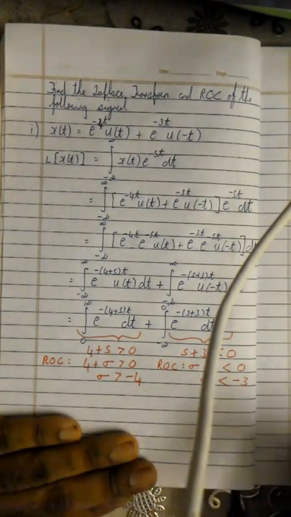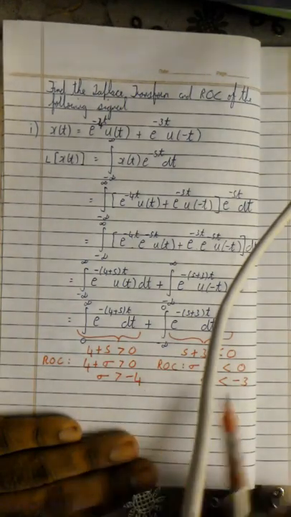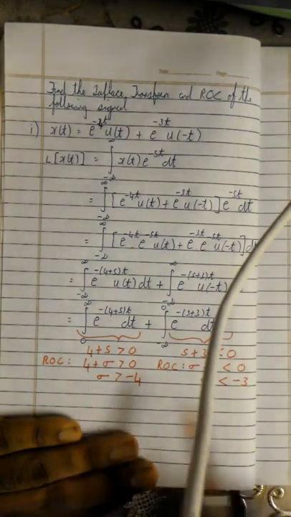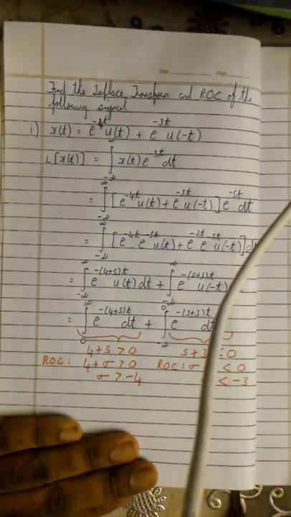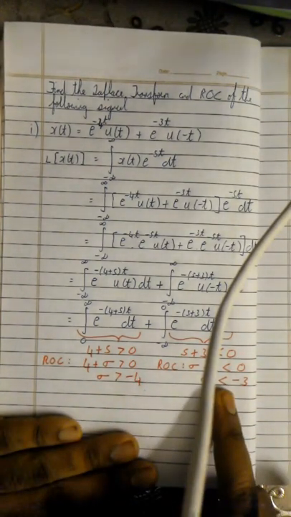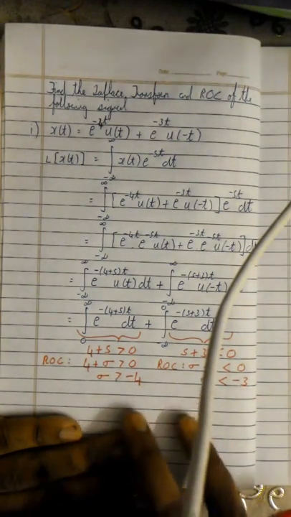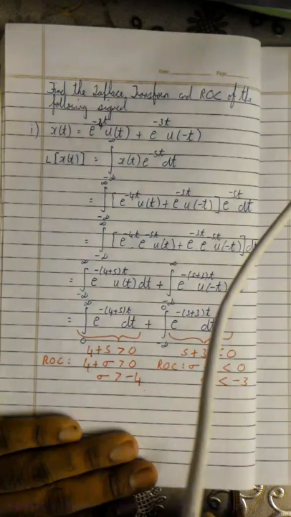So what is my region of convergence, such that it satisfies both conditions, the first condition as well as the second condition? As you can see, it is greater than one value and less than the other value. So the only region that covers both these ROCs is the region in between these two values, right?